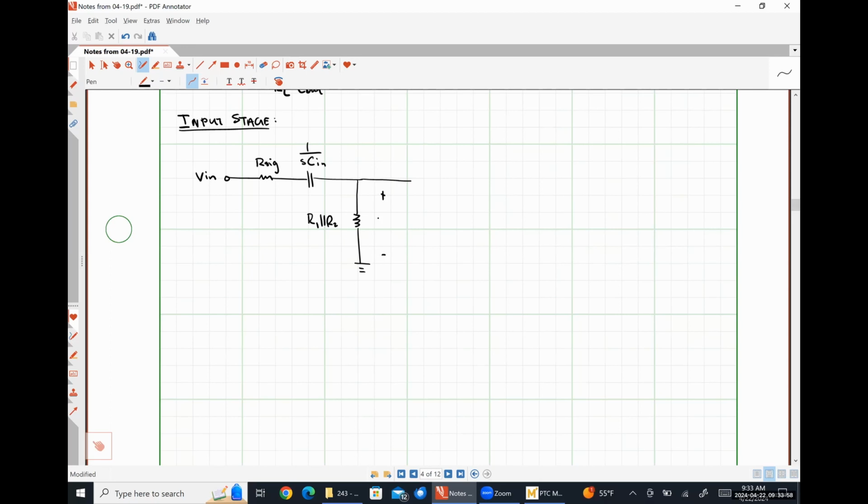So I'm going to put my voltage drop across that guy. But then we also have to take into account the impedance looking into the base of our amplifier stage, which I'm going to represent here as an impedance that I'm going to call Zn prime. So Zn prime is just the impedance seen looking into the base terminal.